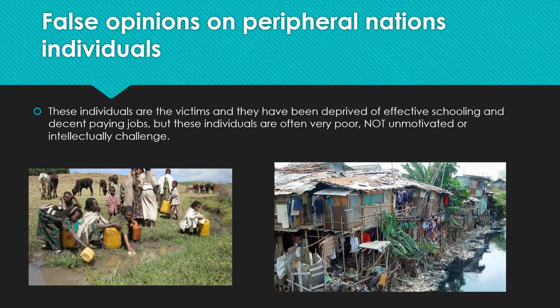But the truth is these individuals are victims, and they're deprived of effective schooling and decent paying jobs, and a lot of times they're very poor. And so it's not that they're unmotivated or not intellectual, but they just don't have the resources available, or the core nations are coming over and taking those resources and services and goods from the peripheral nations, from those people that live there.